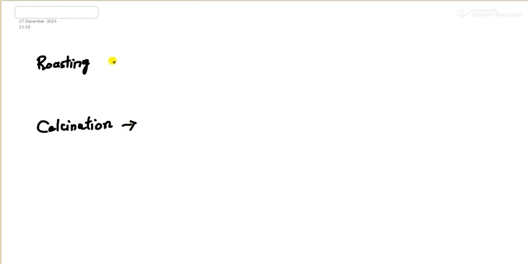Both these methods involve conversion of some compound into oxides. I'm just giving you one clue how to remember them. What is roasting in metallurgy?